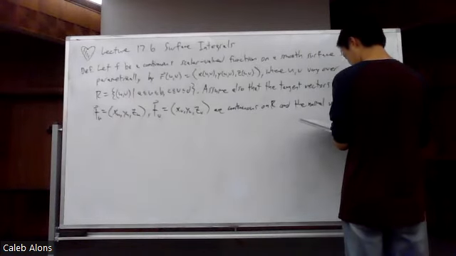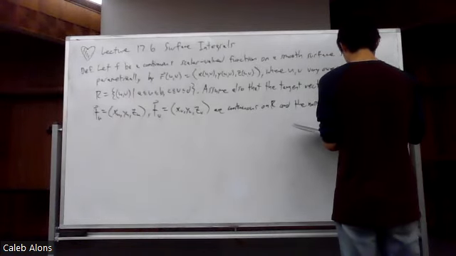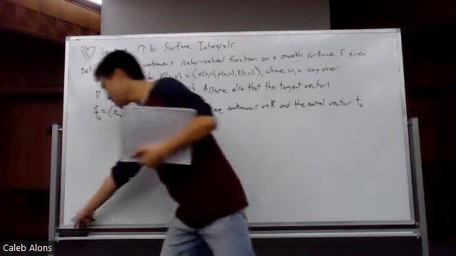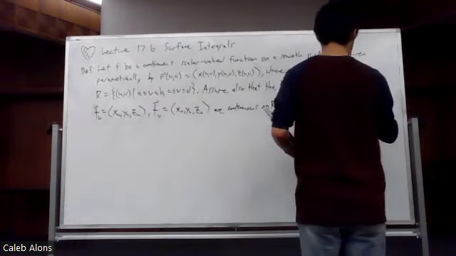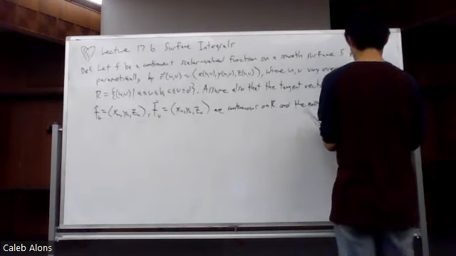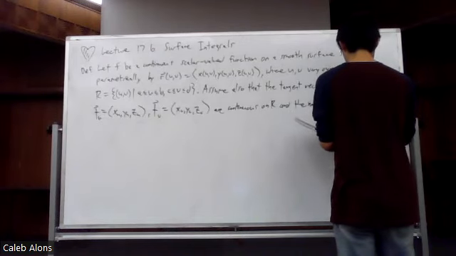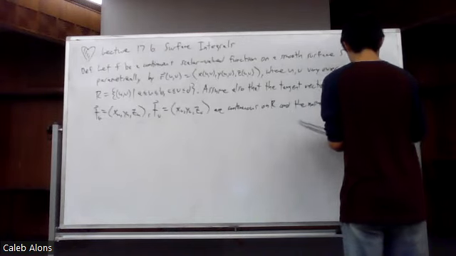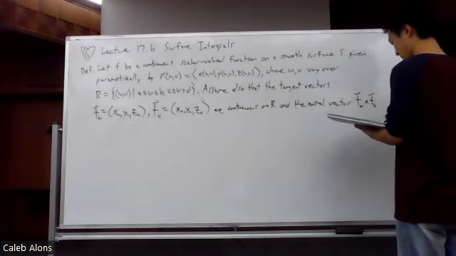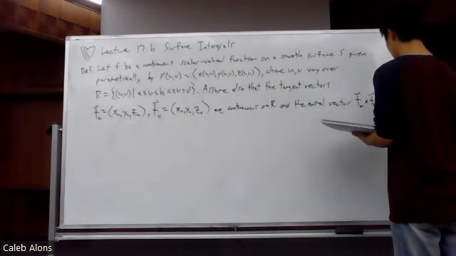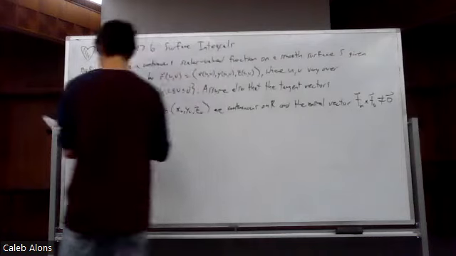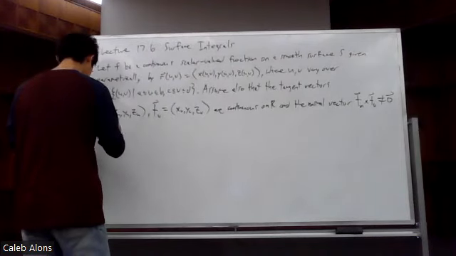So we want the normal to be a non-zero vector. Otherwise, we don't really have a path. So Tu cross Tv can't be the zero vector, so not equal to the zero vector on R.